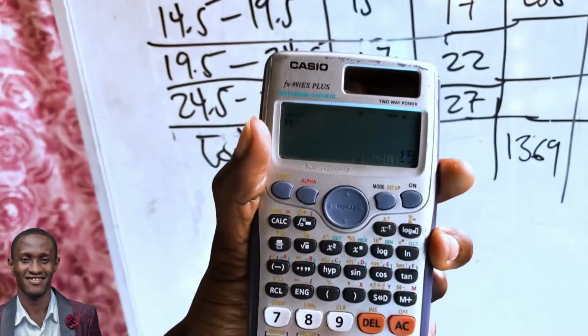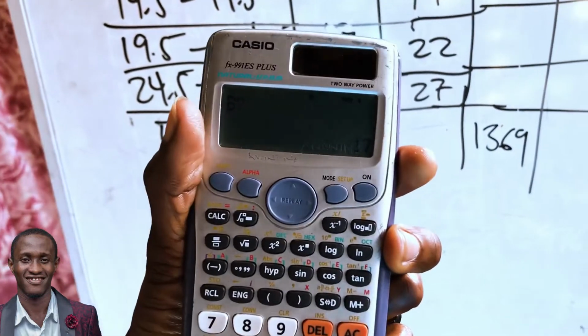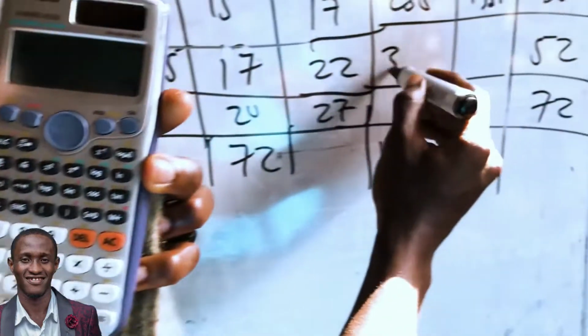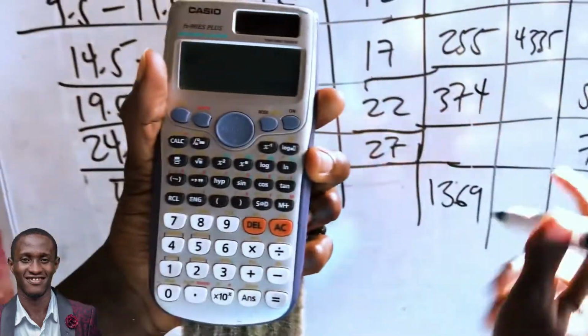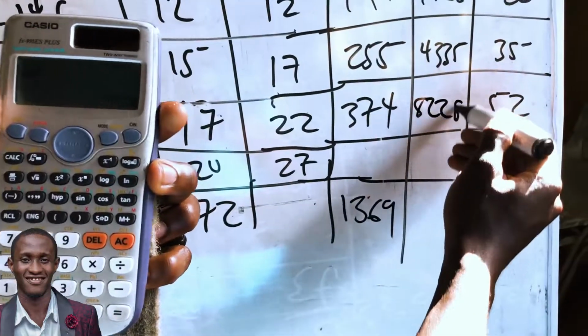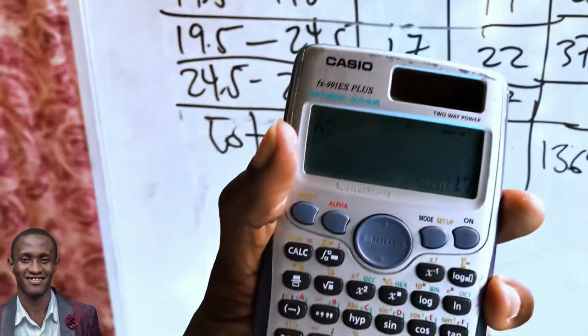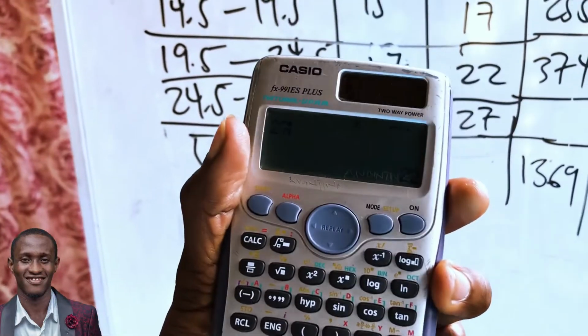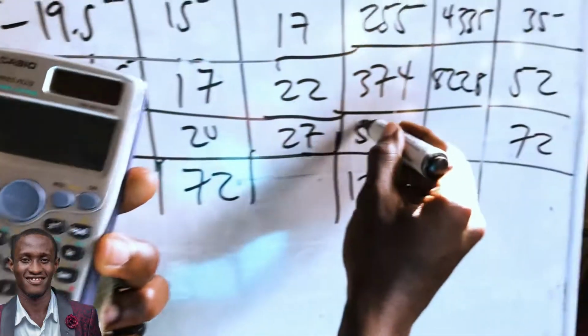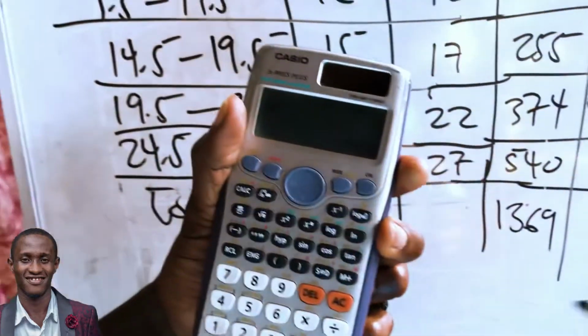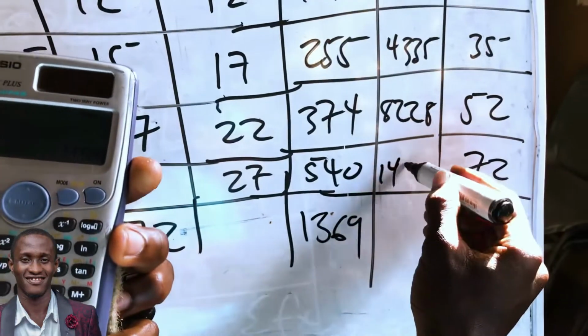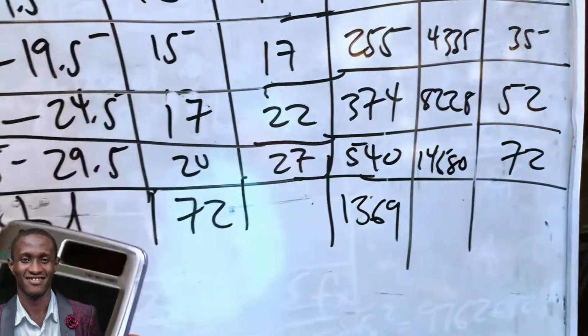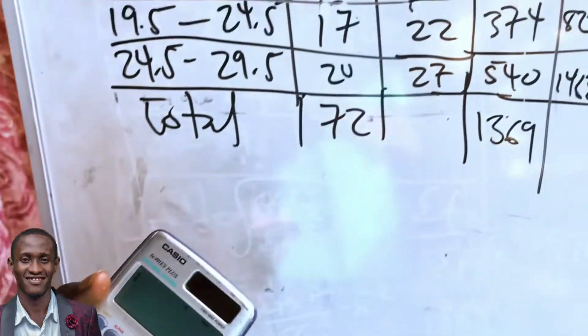Then you go to 17, then you go to 22, you go to 374, 8228. Then you go to 20, and then 27, you go to 540, and 14580. So remember, we use the calculator to help us find.